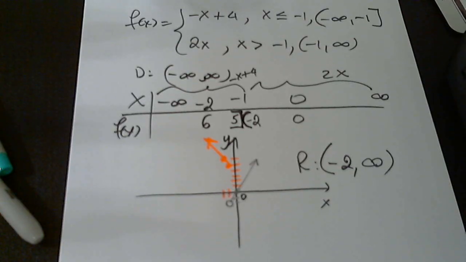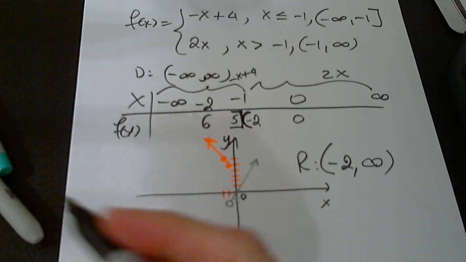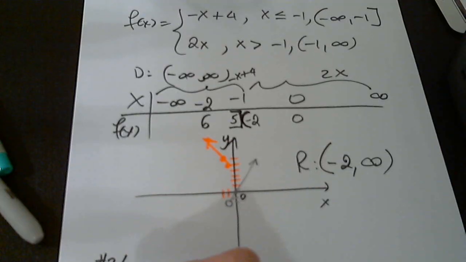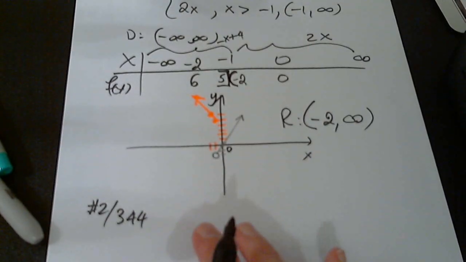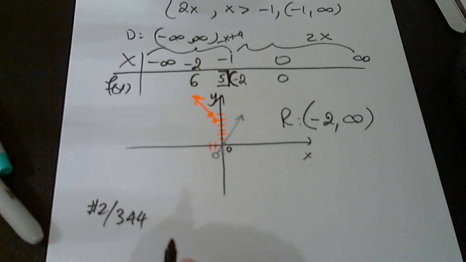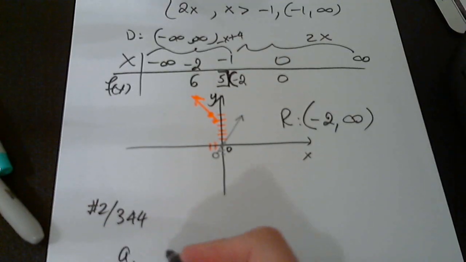So in number 2, we are looking at this function, and it's graphed for us, of course, and we're asked to find f of 4. Can anyone tell us what f of 4 is? So this is problem 2 on page 344. F of 2, I'm sorry, f of 4 in part A.